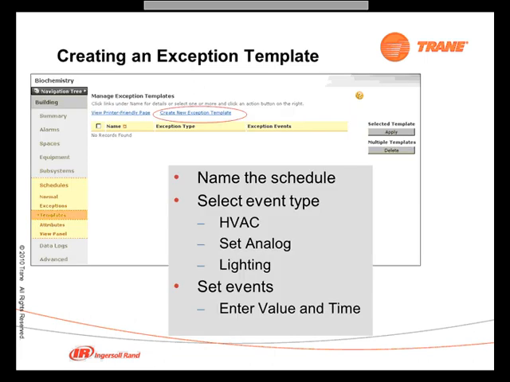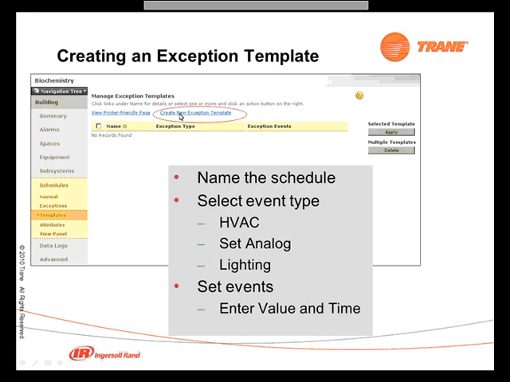To create an exception template, we're looking at the left-hand navigation tree, and we're going to look under Schedules. After we open Schedules, the third option is Templates. Once we open Templates, we are given the option to create a new template. Any templates you have already created will be shown in the pane underneath, under the list.